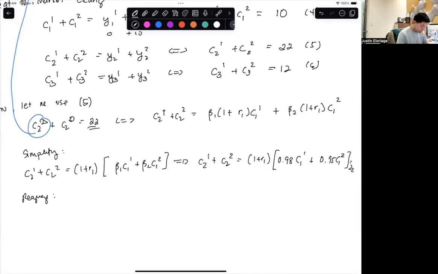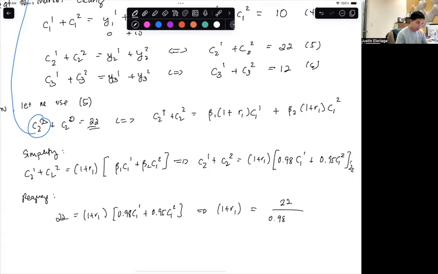So we get 22 is equal to 1 plus R1 times 0.98 C11 plus 0.95 C12. Further rearrange, I want to isolate out the R1. So let me do 1 plus R1 equal to 22 divided by 0.98 C11 plus 0.95 C12.